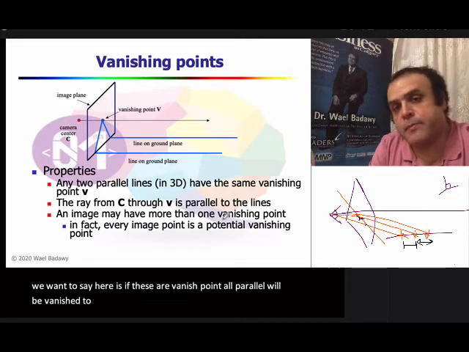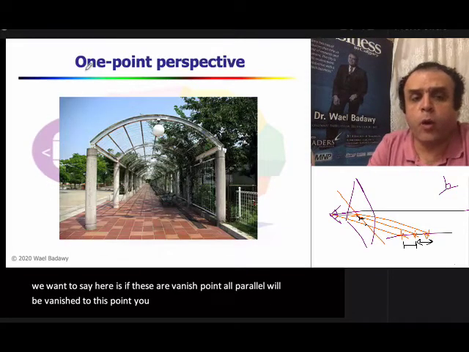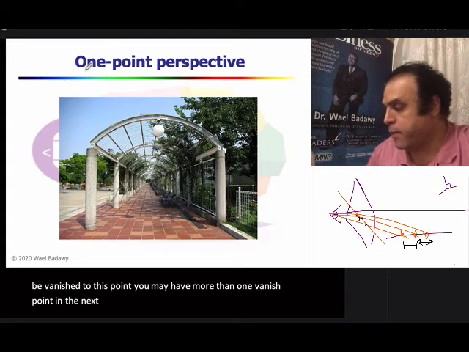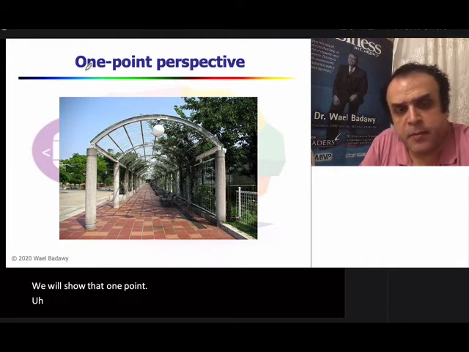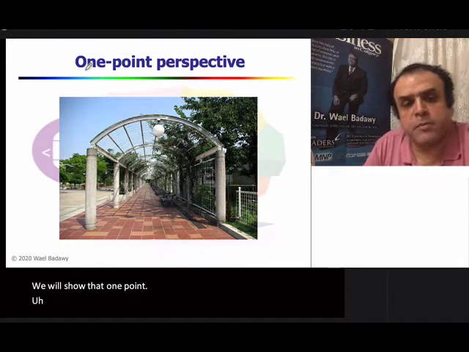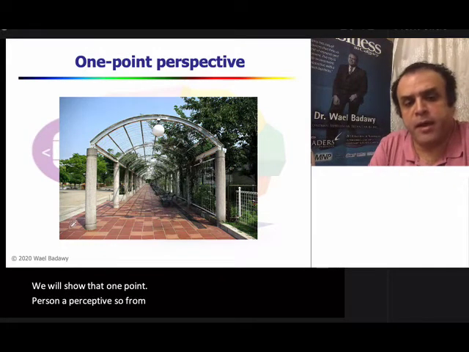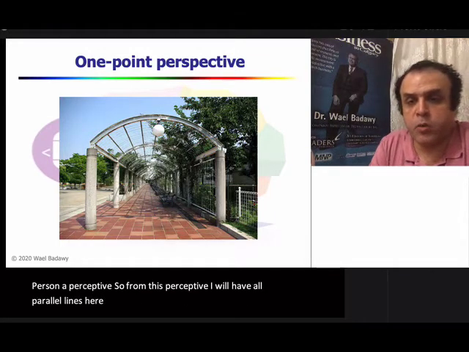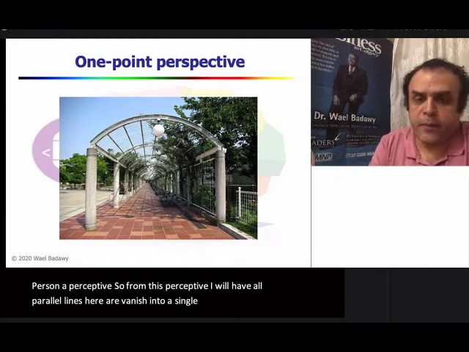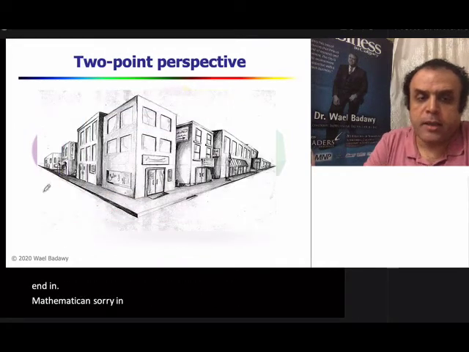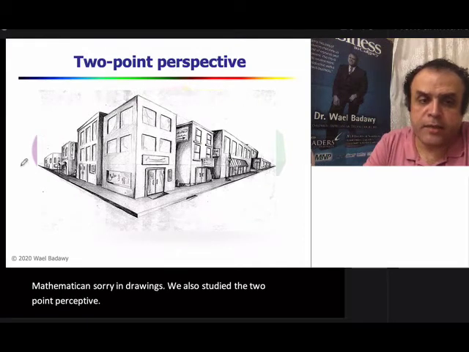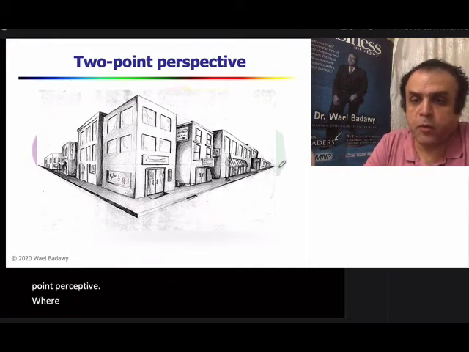In the next slide, we will show the 1-point perspective. From this perspective, all parallel lines here vanish to a single point towards the end. In drawings, we also studied the 2-point perspective, where the image will vanish into two different points.